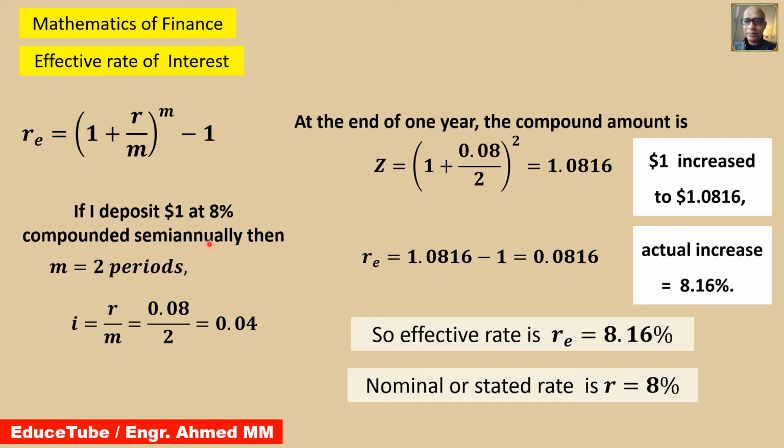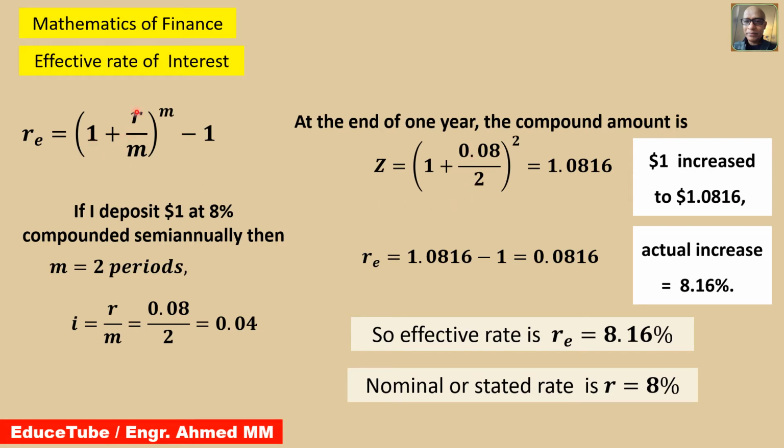Semi-annually means the number of compounding periods per year is 2. Most important point, m equals 2. So easily we can find i equals r by m, 0.08 by 2, which is 0.04.